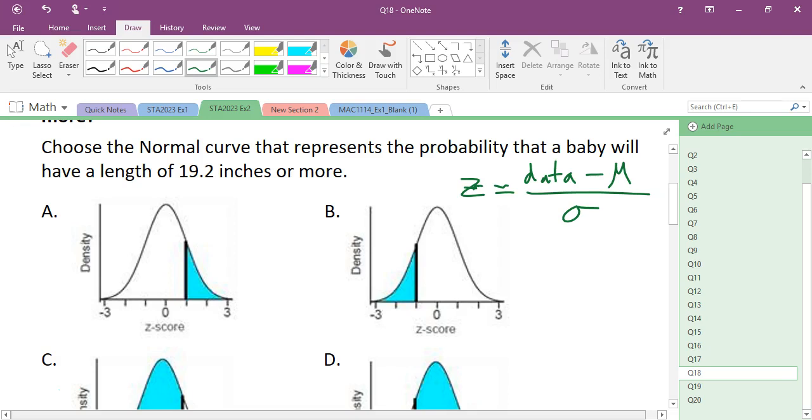So let's take 19.2 minus, what was our mean? 18.4, divided by, what's our standard deviation? I think it was 0.8. And what do we get for that number? 1? Perfect.